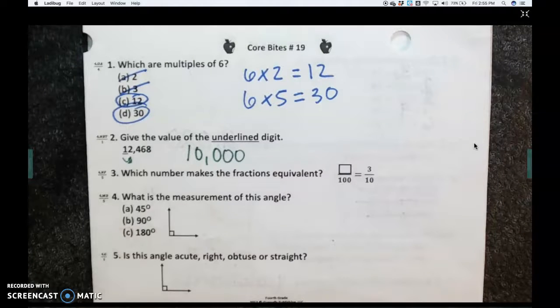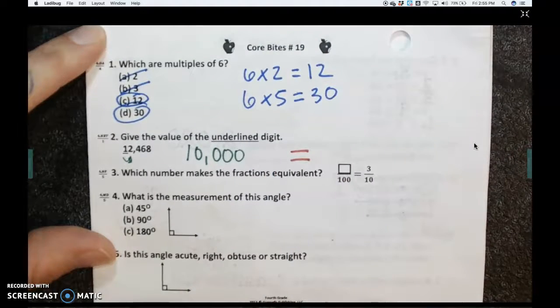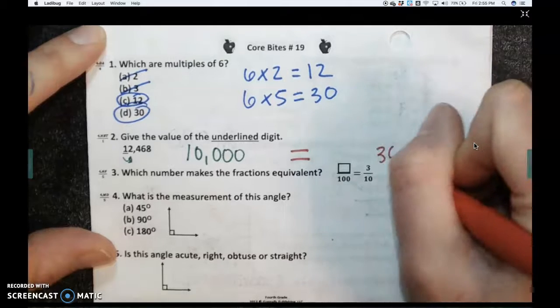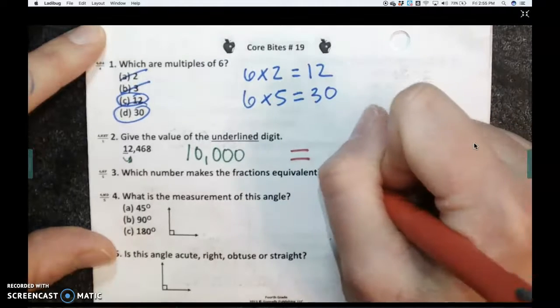For number 3, which number makes the fractions equivalent? Equivalent means they are equal. Okay? So 10 times 3 gives you 300. So you've got to say in your head, 10 times what would also give us 300? So the answer is 30.